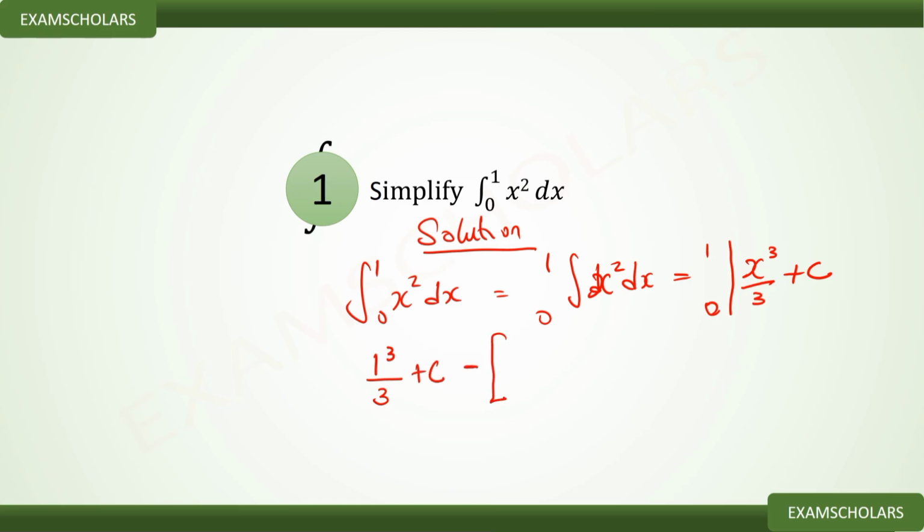When you substitute 0 here, you have 0 over 3 plus constant. So how do you now solve it? 1 over 3 plus constant minus 0 plus constant, so you have 1 over 3. So that's how to solve this type of question. Just insert and then simplify your expression.